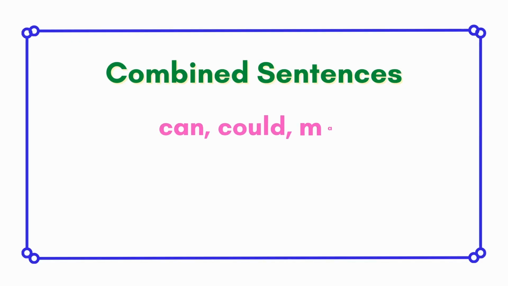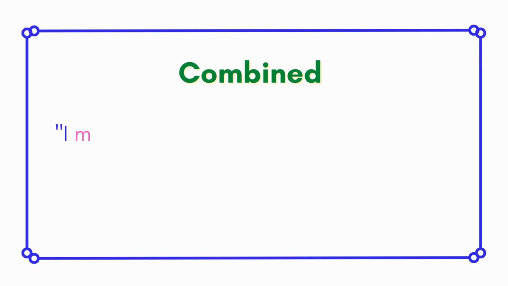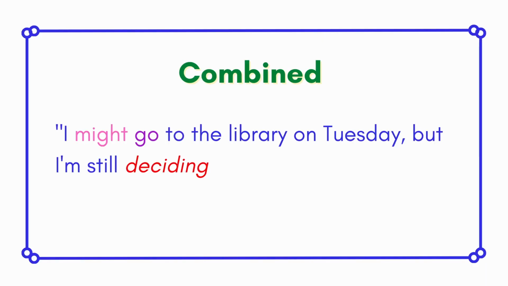Now, let's take a look at some examples using the modal verbs can, could, and may, and link them with the ones we learned in this video. Number 1. I might go to the library on Tuesday, but I'm still deciding.